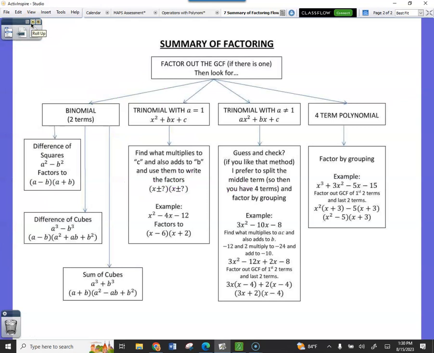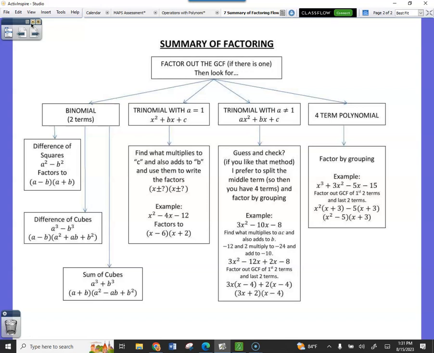All right, look at this sheet that you just got. If you need a flow chart to help you with factoring, here's your flow chart. The only thing not on here are cubes, because this is factoring quadratics or 4-term cube polynomials.